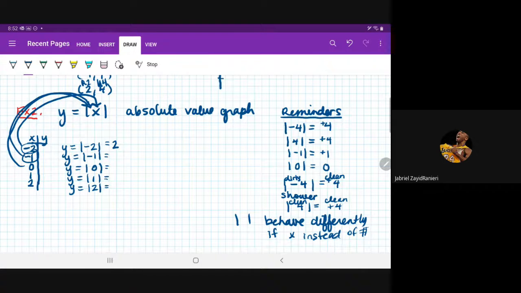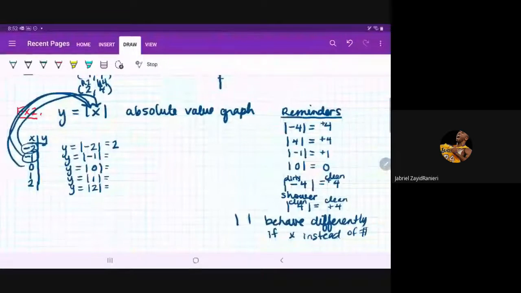So the absolute value of -1, Zyla, you want to make it the same number but positive.